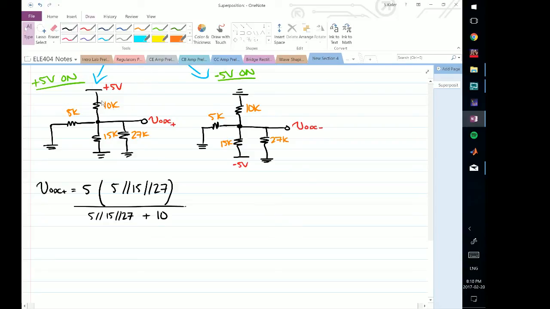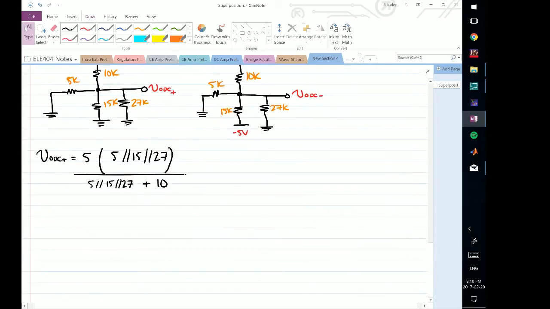So this voltage is going to be divided across these 3 in order to get VODC. And if I actually do this parallel combination, I'll get 5 times 3.29. If that's 3.29 in the numerator, this should be 13.29 in the denominator. And this voltage will be 1.239 volts.